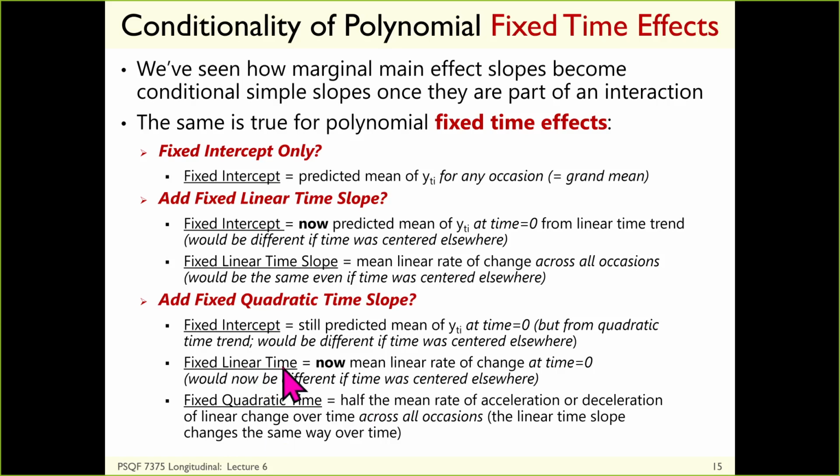It is not the same linear time trend as it was in the previous model. It too is conditional. So once you have time squared in the model, the coefficient for just linear time is the linear time trend at time zero specifically. And so then the quadratic comes along and either slows it up or speeds it down.